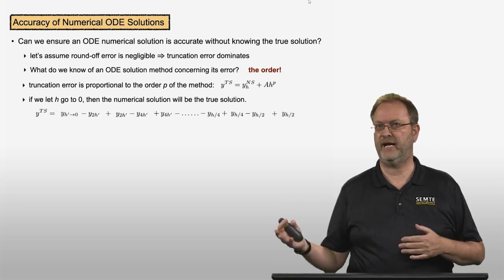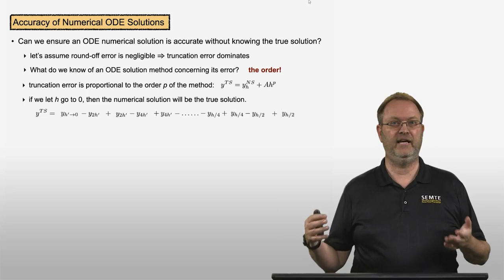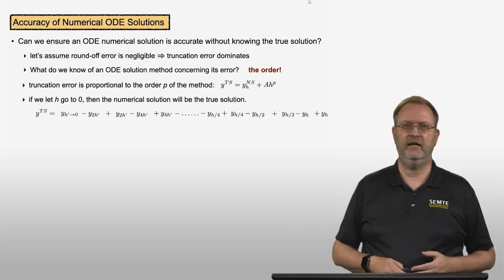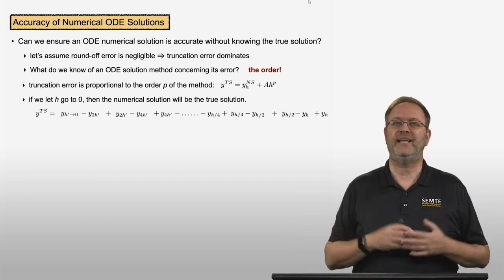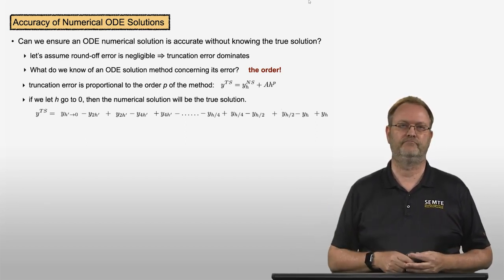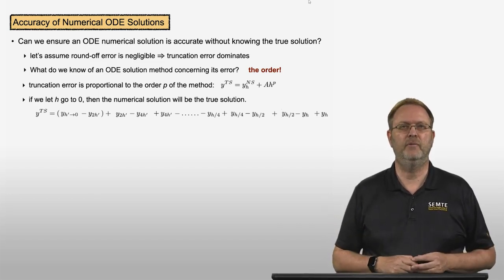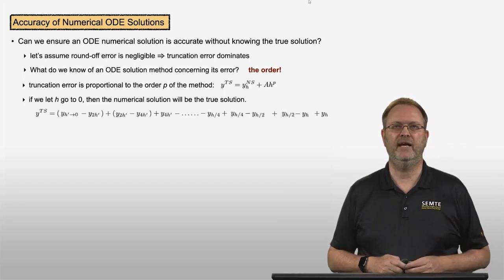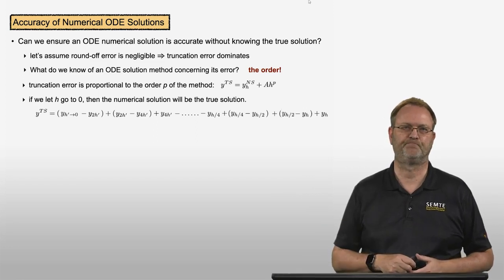I'm going to add and subtract the numerical solution that I obtain with a step size of h over 2. And then finally, I'm going to add and subtract a numerical solution that I obtain with a step size of h. Okay? Now let me introduce some parentheses in this equation. I'm going to put some parentheses there, over there at the right, and then finally over there.